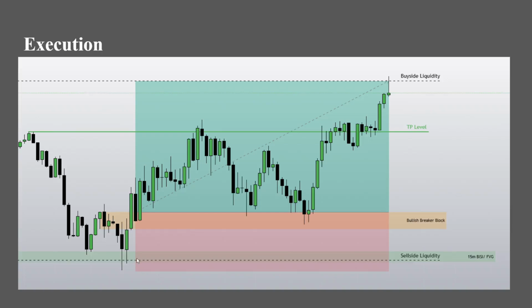You can see that price retested it 1, 2, 3, 4, 5, 6, 7, 8 candles throughout this trade. Tested this breaker block. And every single time, it ended up going where you wanted it to go.